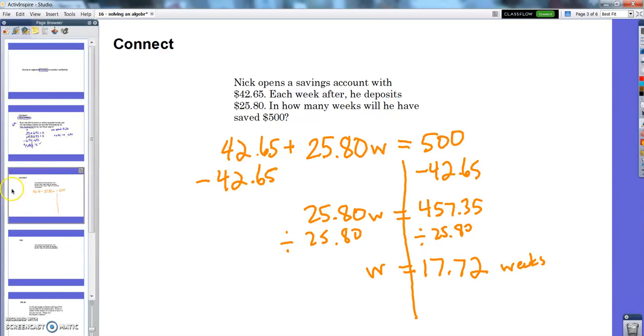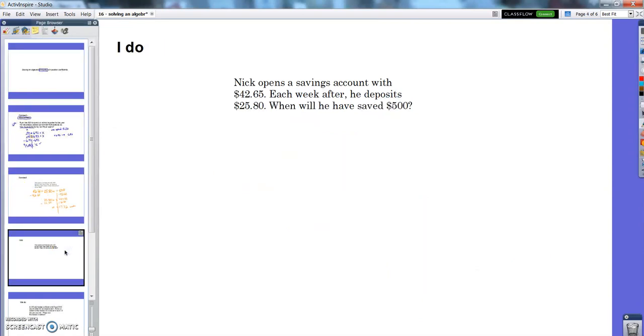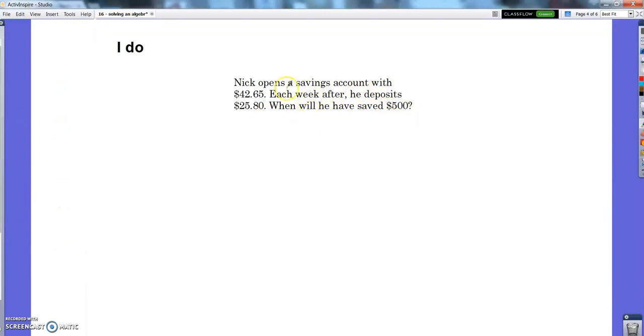So I want to think through the same problem, but let's think about it as an inequality, because actually, when we think about saving, if we think about when will he have saved $500, it's okay if he has saved more than $500. So really the way I want to set this problem up is the exact same way, 42.65 plus 25.80 per week.